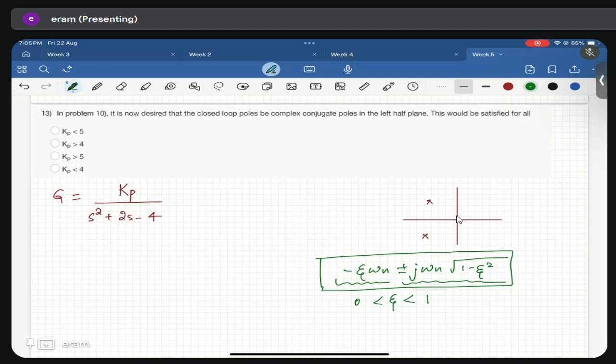Now since we are dealing with a closed loop system, we need to find the closed loop transfer function first, which is G by 1 plus G(s) into H(s), which is nothing but Kp by s square plus 2s plus Kp minus 4.